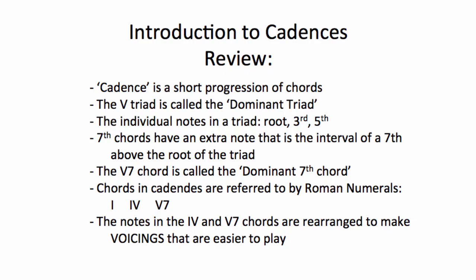The 5/7 chord is called the dominant 7th chord. Chords in cadences are referred to by Roman numerals, for example, 1, 4, 5, 7. The notes in the 4 and 5/7 chords are rearranged to make voicings that are easier to play.